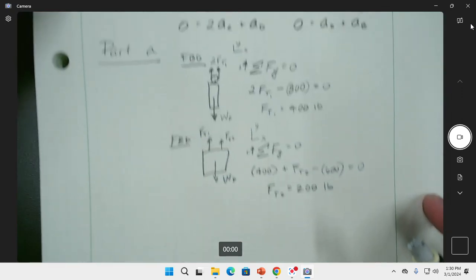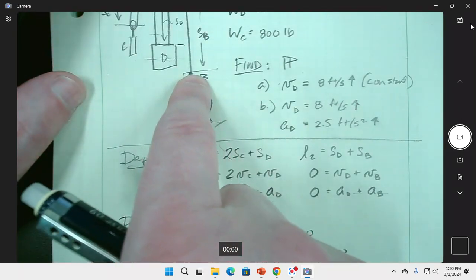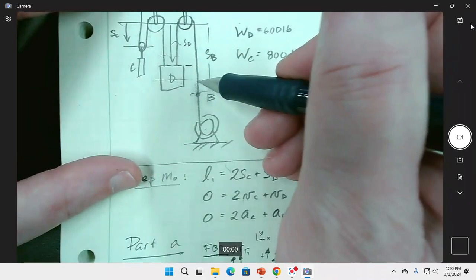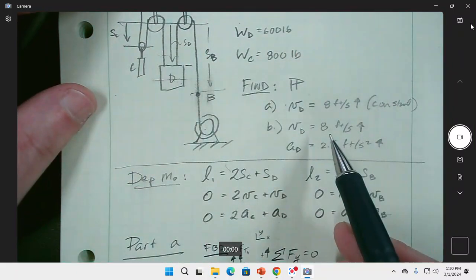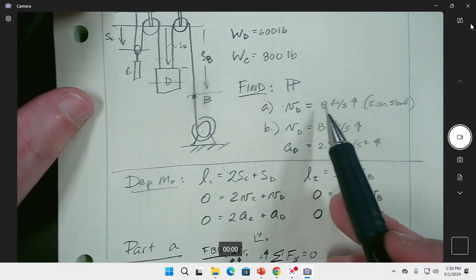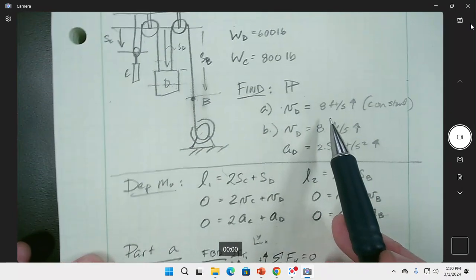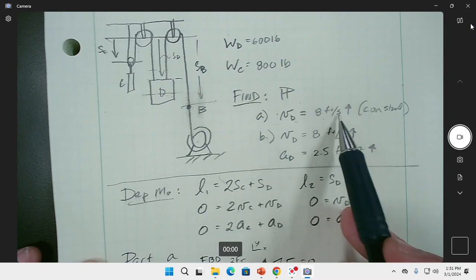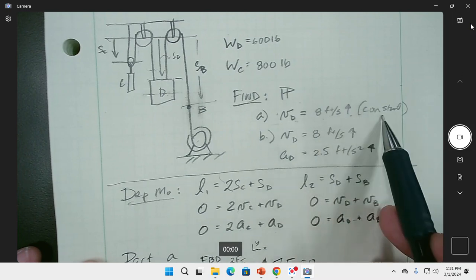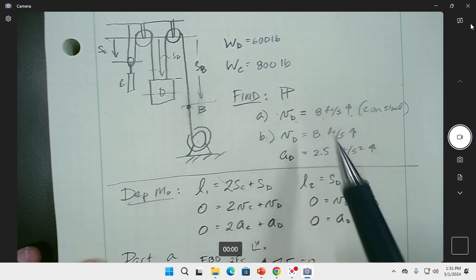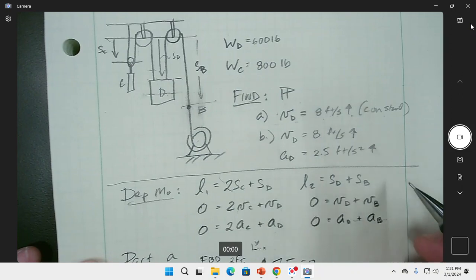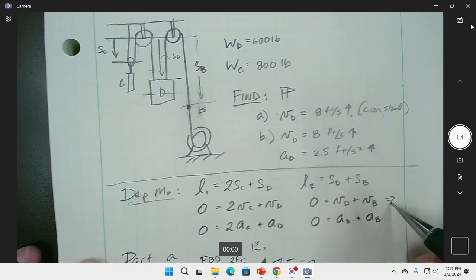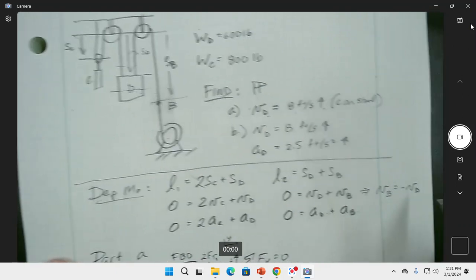Anyway, now we got the two. And we know right here, this is going to be 200. So we have to do a little bit more. Actually, we know that in feet per second at a constant, and therefore we could do right over here that VB is going to be negative VD.